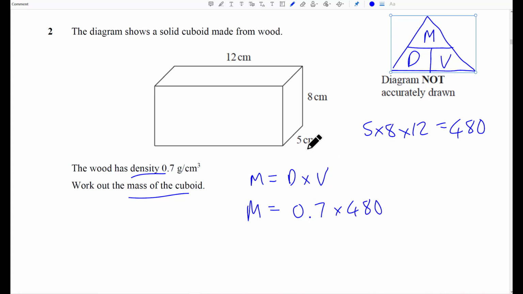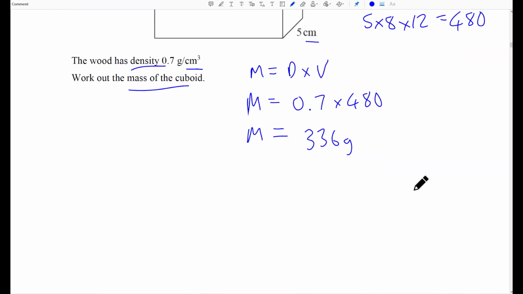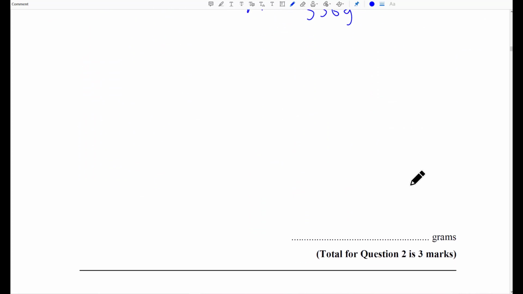I'm going to double check the units of measurement are the same. They are, so we don't need to do any conversions. Times 0.7, and that's 336, and that will be grams, and that's another 3 marks in your pocket.